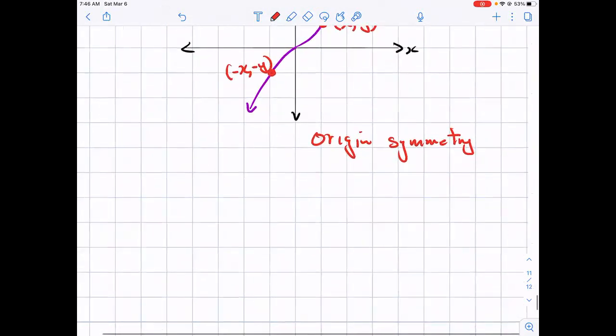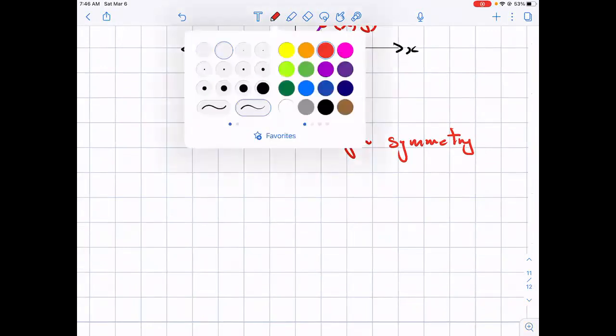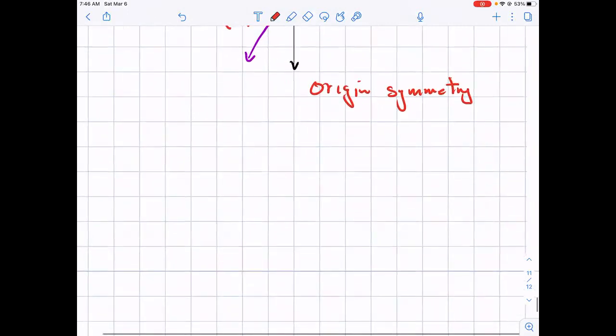So what are the conditions for a test for symmetry? Okay. So let's look at that now. Graphical test for symmetry.